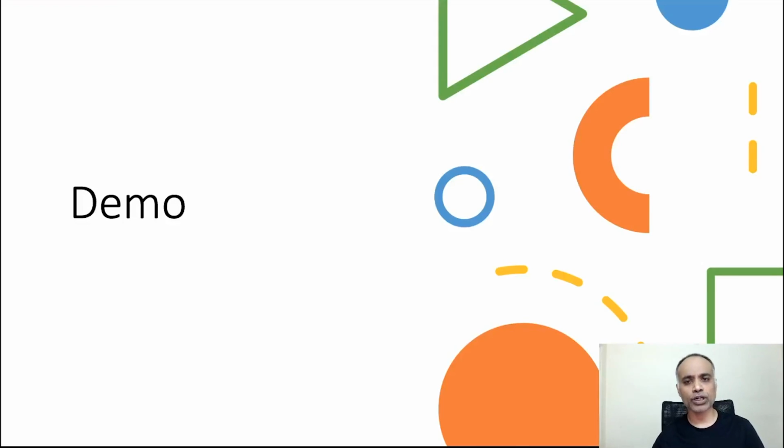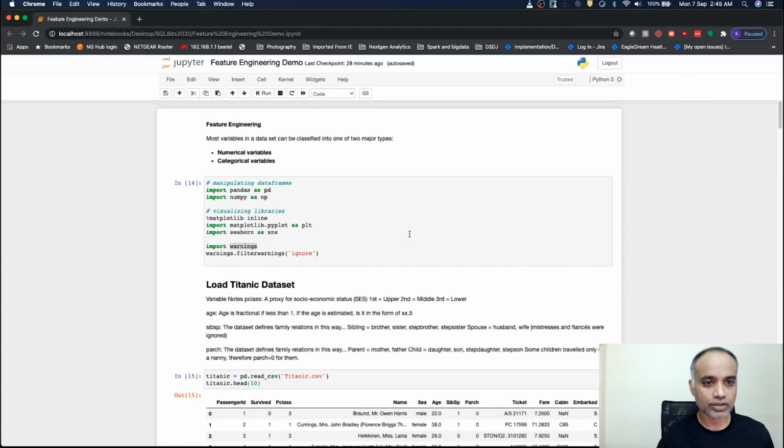Let's move to a demo now to look at the different kinds of techniques we apply in feature engineering. The first thing, as I said, is that we are not going to cover how we collect the data.